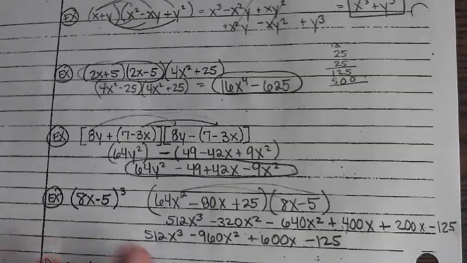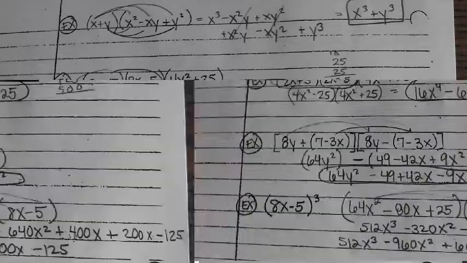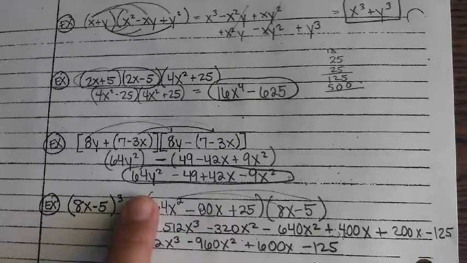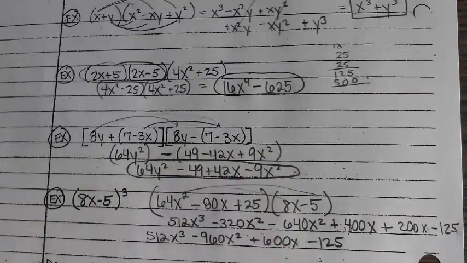And then on the next example, I used the conjugates, the fact that it was 8y plus the binomial and then 8y minus the binomial. So I squared the 8y to get my 64y squared, and then I squared the binomial to get the minus trinomial part, and then just distributed that negative.